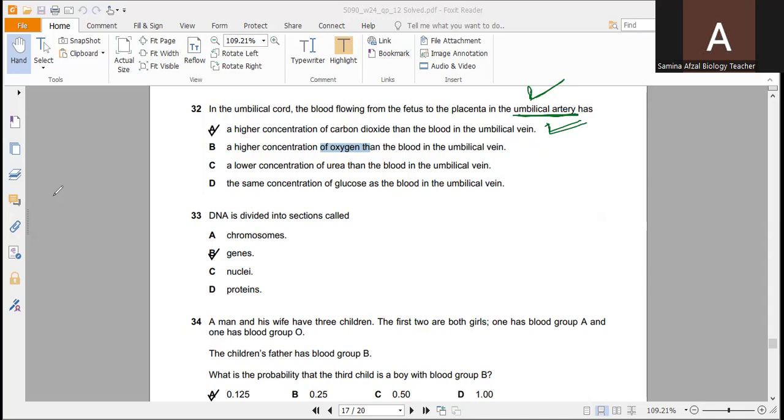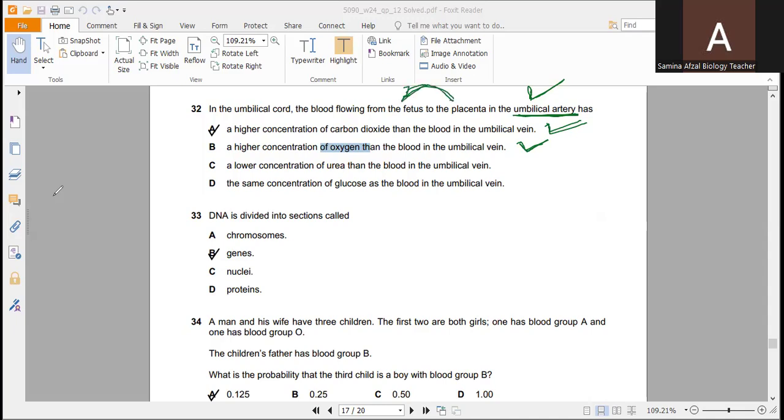A higher concentration of oxygen than the blood in the umbilical vein will not be correct. The umbilical vein will have higher oxygen content in comparison to the umbilical artery, which carries the deoxygenated blood because it is taking the blood from the fetus to the placenta.